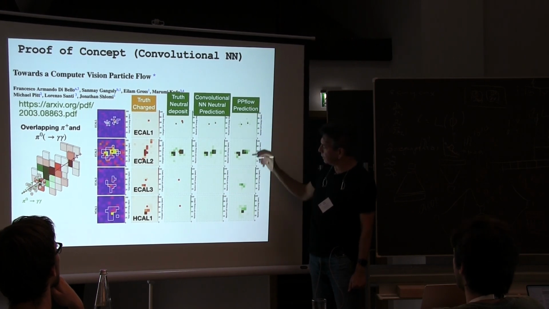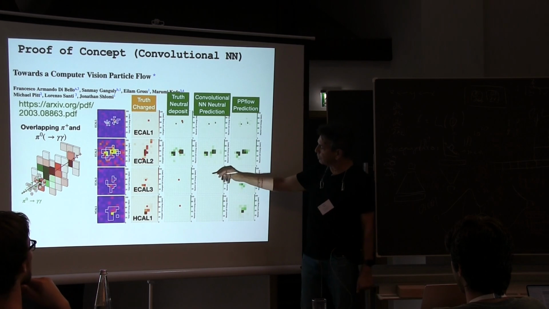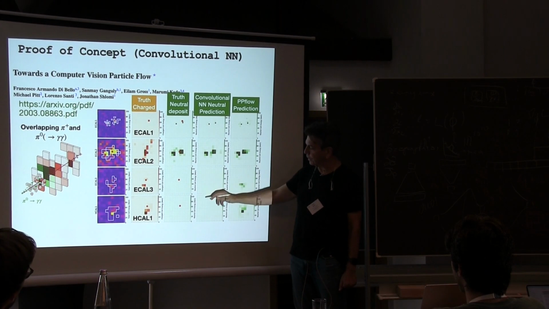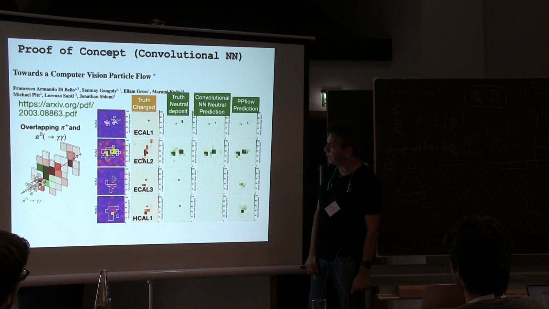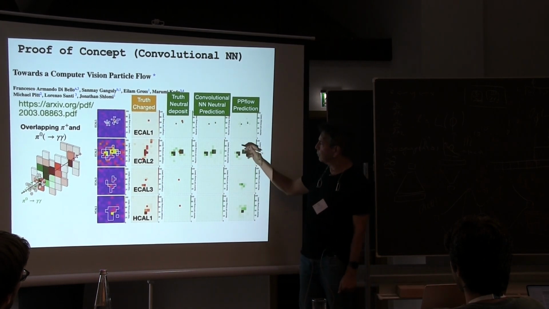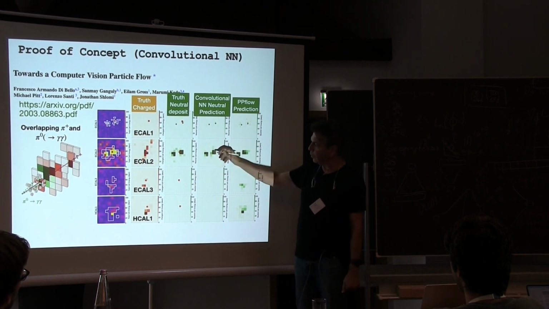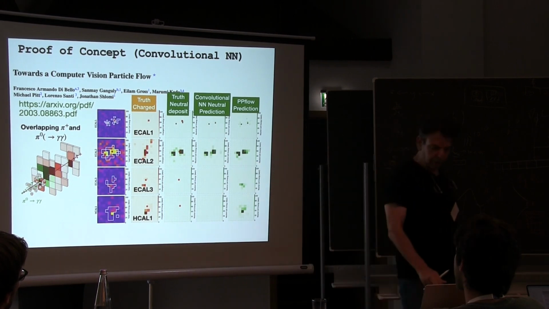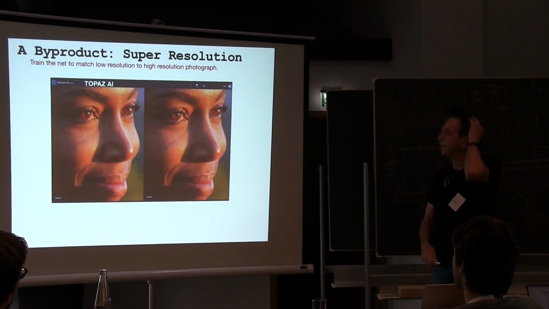It's enough to see that if I go here, the machine learning algorithm can tell that there's no deposit from the particles in the third layer of the ECAL and the fourth layer, in the first layer of the HCAL, but the parameterized p-flow cannot tell it. The parameterized p-flow is not doing a good job, while we managed to really tell the neutral from the charged. So that brought us the idea that maybe we can go a little bit further.